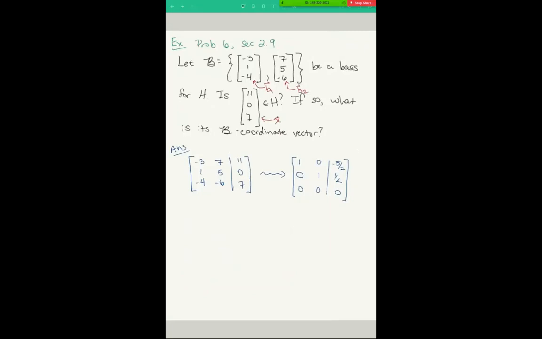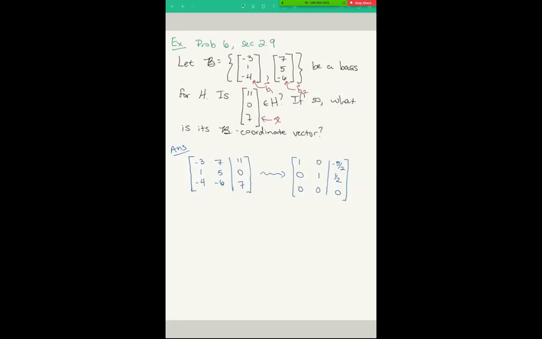And this is a basis for some subspace H. And our question is, here's the vector x. Is this vector in H? And if it is, what are its coordinates? So right now, x has 3 entries in its column vector. Those 3 entries are the coordinates with respect to our standard basis, e1, e2, and e3. And our question is, what would be the coordinates with respect to our new basis B?